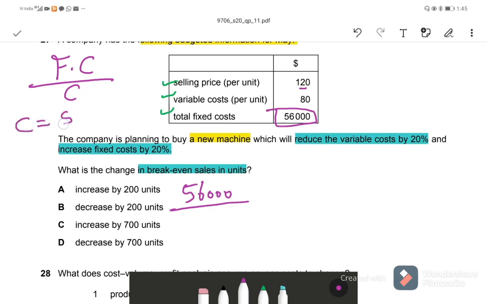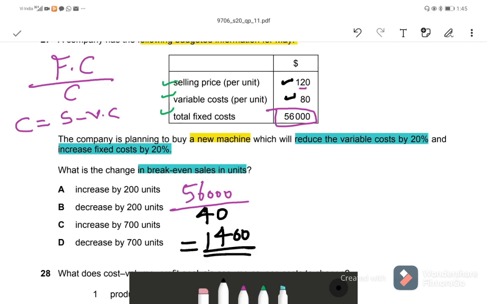Contribution is equal to selling price minus variable cost. Here 120 minus 80 is equal to 40. So the break-even is 1,400 units.